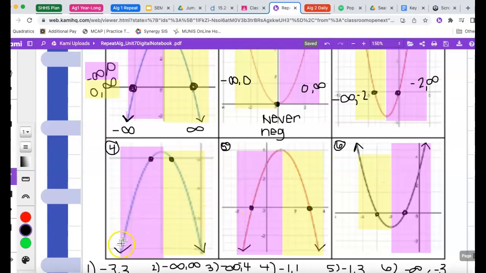Graph number 4, it's increasing from negative infinity to negative 5. And then it's decreasing from negative 5 to positive infinity. It's always the opposite infinity. This one is increasing from negative infinity to positive 1.